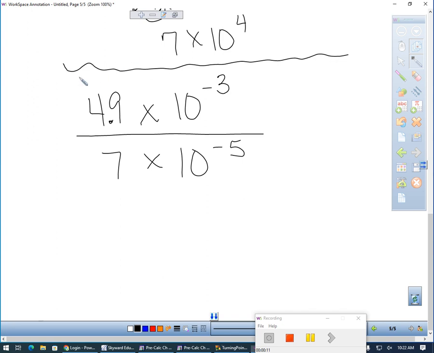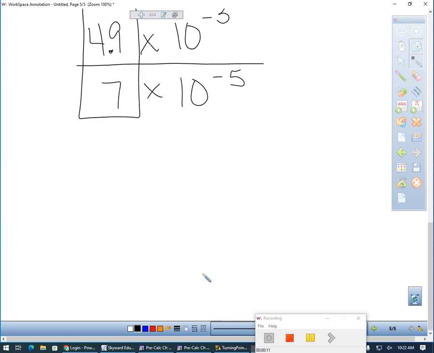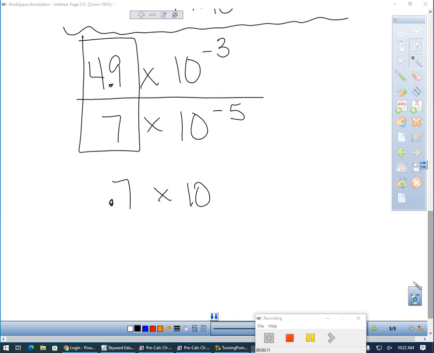All right, so first we divide our coefficients. 4.9 divided by 7? 0.7, very good. Times 10. Now, here's why I did this one. This is a little tricky. Remember, I'm subtracting my exponents. It's -3 minus a -5. It is +2.